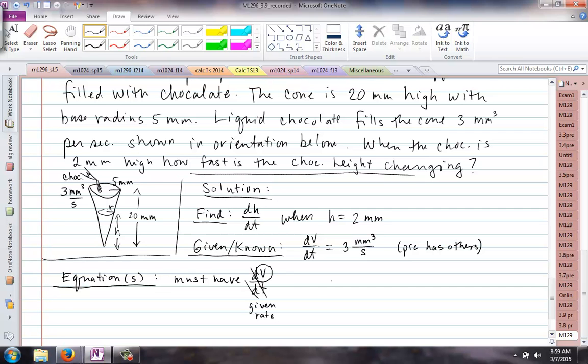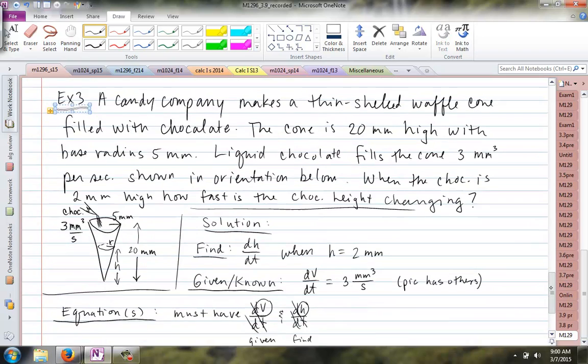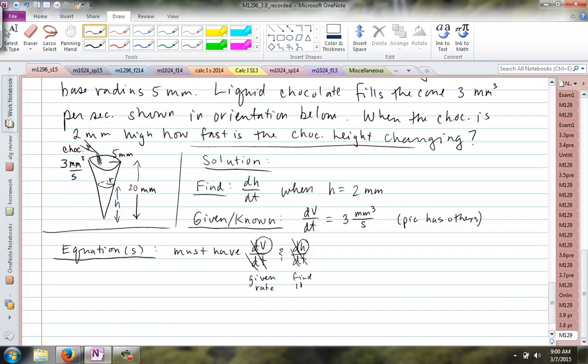We were trying to find dH over dt, so if you take the rate part off, we need an equation with h in it. So it must have a V and an H, and maybe some other stuff.